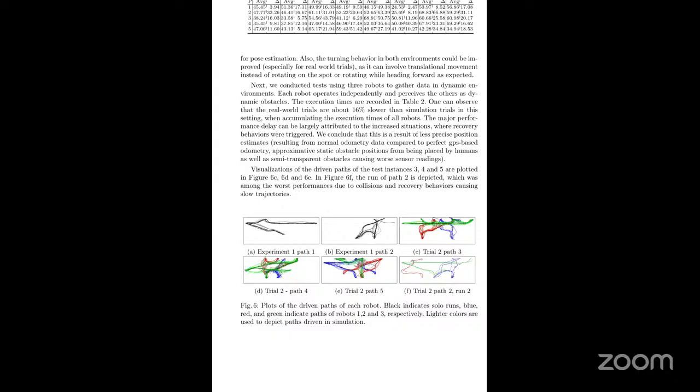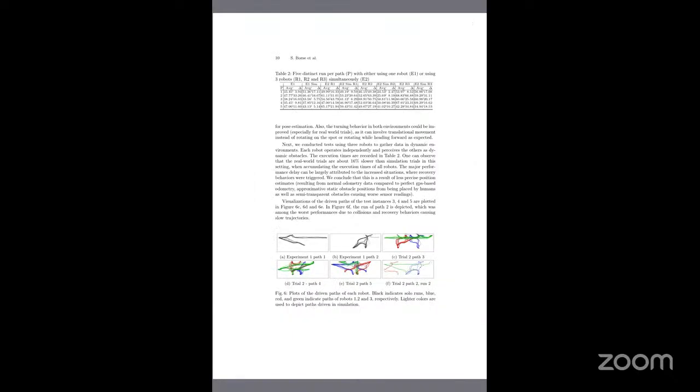So, what are the outcomes from this? They conducted two navigations: one is single robot navigation, and the next one is multi-robot navigation. In single robot navigation, the difference was only 1%, comparing the simulation with the real.